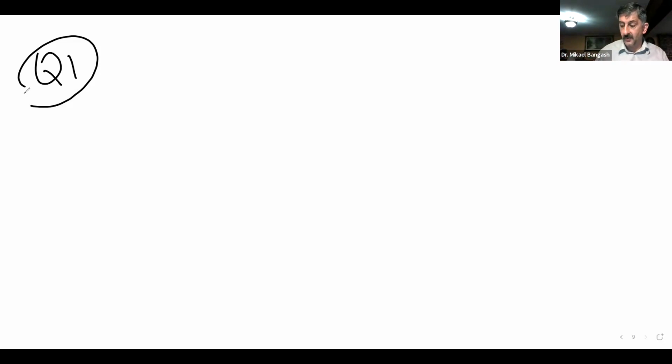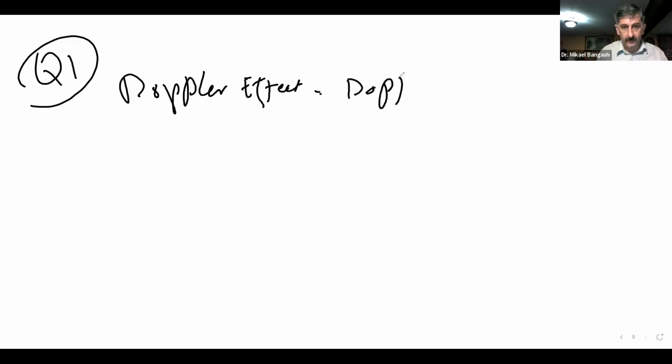What could be in option 1 and dash 1 and 2. But the Doppler effect, meaning what we just call a Doppler frequency, which you can also call a Doppler shift.